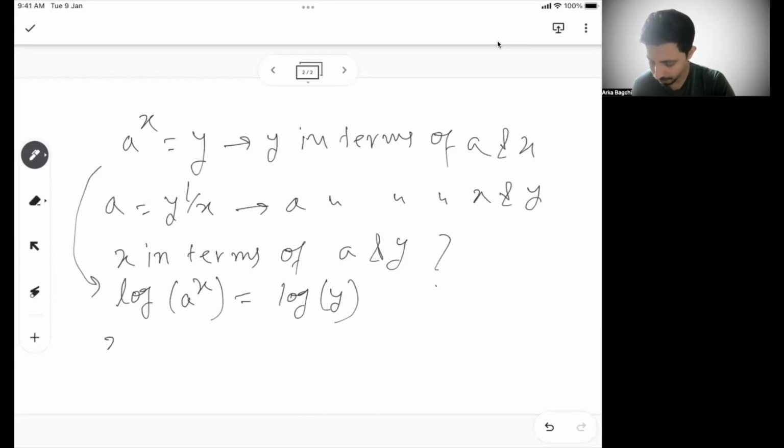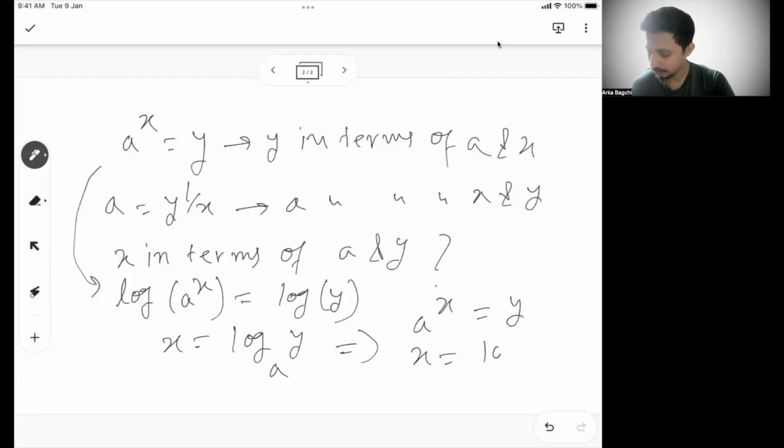So that becomes x log a equal to log y. I will come to this property later. I'll just write the answer and show you how to get this. So x is basically logarithm of y base a. What I'm trying to say is, if a to the power x is equal to y, you can write x as log of y base a.